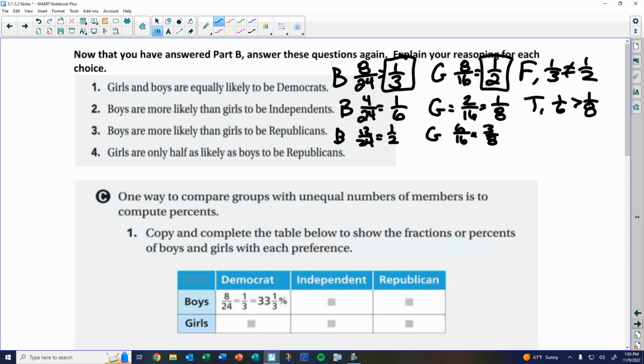So is a half bigger than 3/8? Yes, because what fraction with the 8 gives us a half? 4/8. So 3/8 is a little short. So yes, a half is bigger than 3/8.